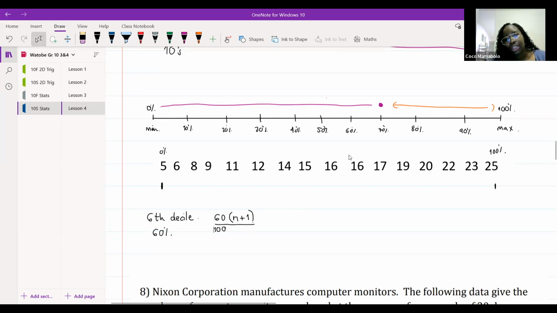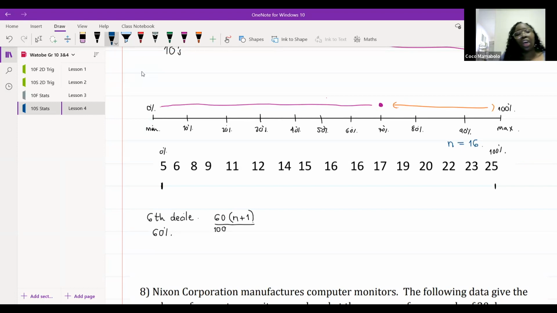And percentage is calculated out of 100. So we're going to take 60 divided by 100, multiplied by n plus 1. N is still the number of values. So I want you guys to count for me. How many values do I have? What is our n? 16. Beautiful. N is equal to 16.